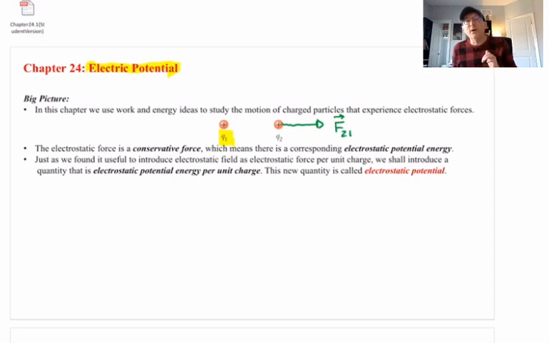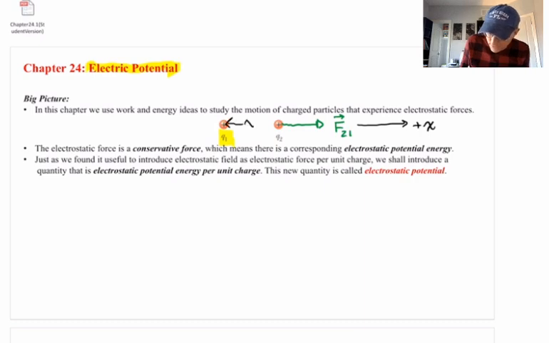So when I let go of particle 2, will it not accelerate to our right, getting farther and farther away from particle 1? What if I want to study that motion in detail, quantitatively? What if I take the plus x axis to the right, say this distance between 1 and 2 is just some distance x? How would I solve for the motion?